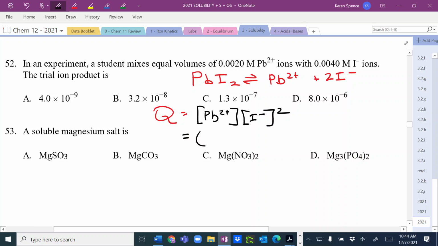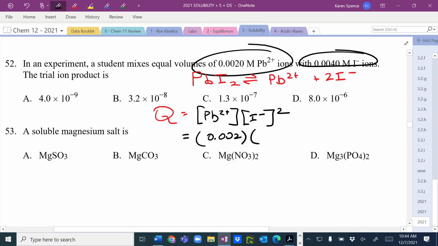So all you do is you stick the lead concentration where it says lead, 0.002, and you stick the iodide concentration where it says I, 0.004 squared, and we get whatever it is that we get. 0.002 times 0.004 squared is 3.2 times 10 to the negative 8.